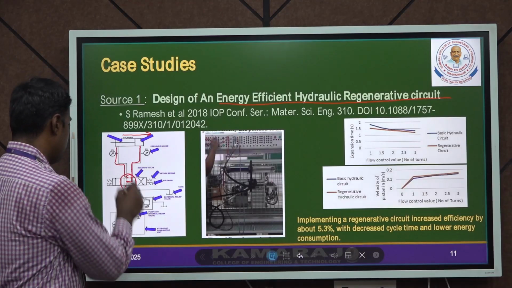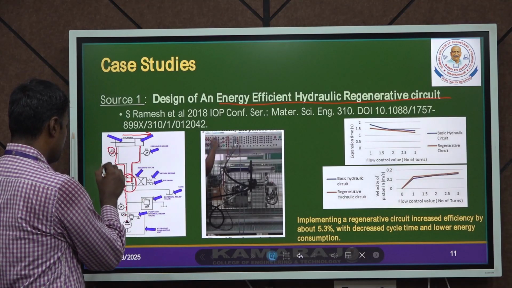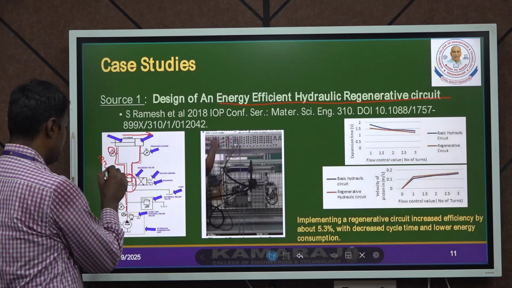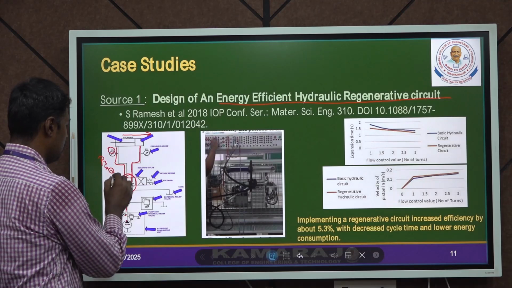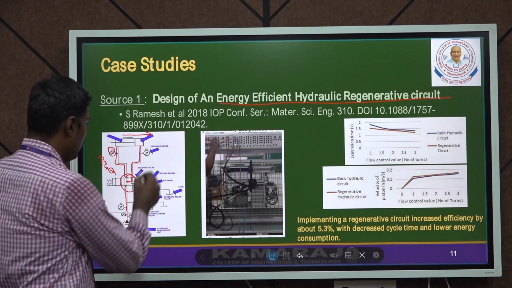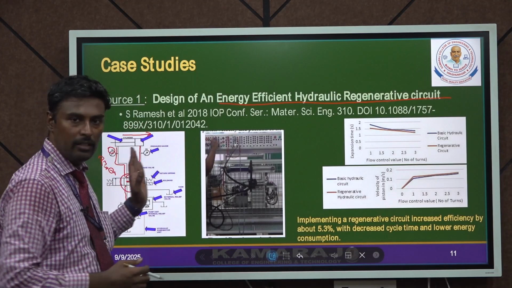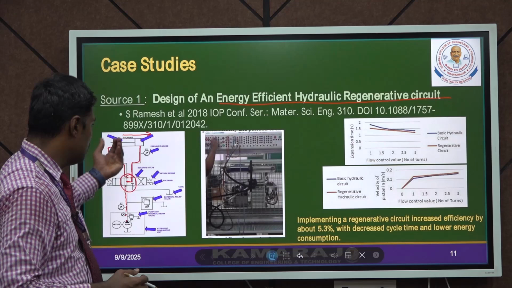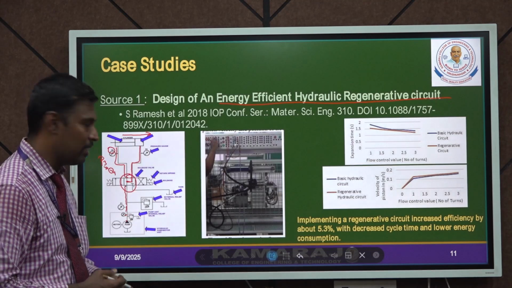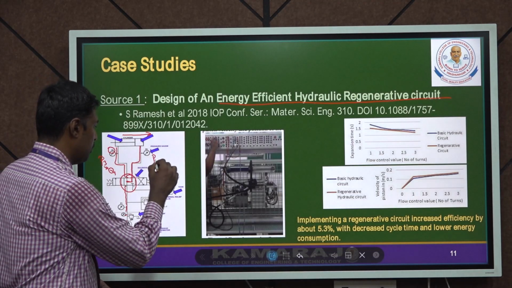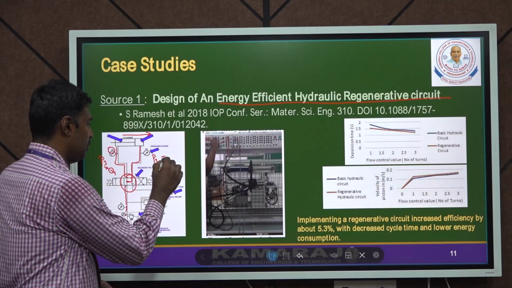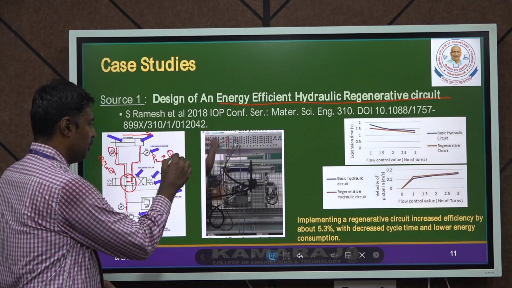If this side has the pressure P3 and the flow rate Q1, there will be some pressure drop due to the usage of this hydraulic fluid towards some hydraulic components.